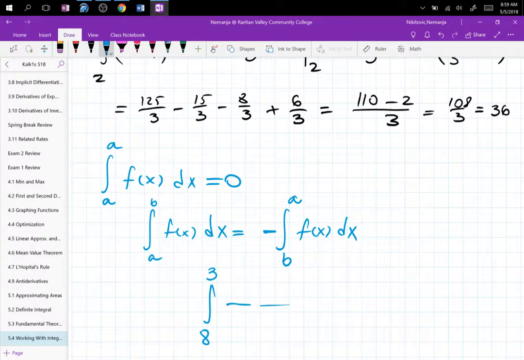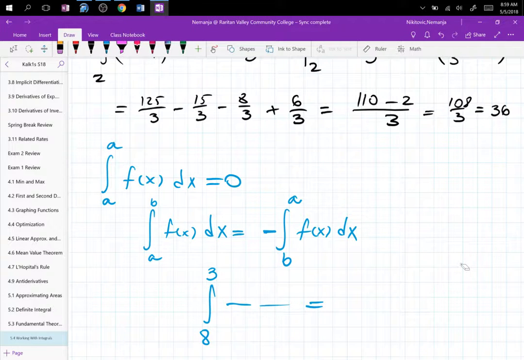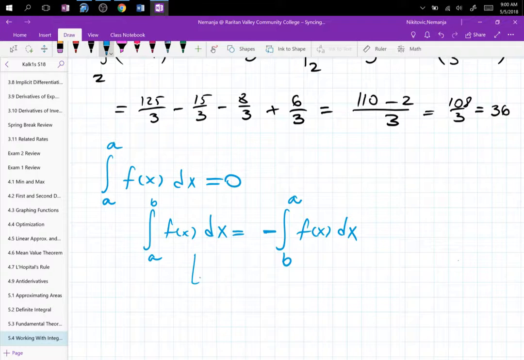And then you have stuff over here. So now you're looking at this and say, well, the lower limit should be the smaller number. So what you do is you put the smaller number down, put the larger number on top, and put this minus sign. Again, the proof for this is very easy. You compute the f of x, over here you have from a to b.